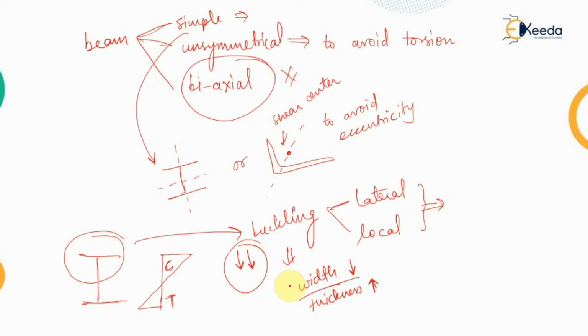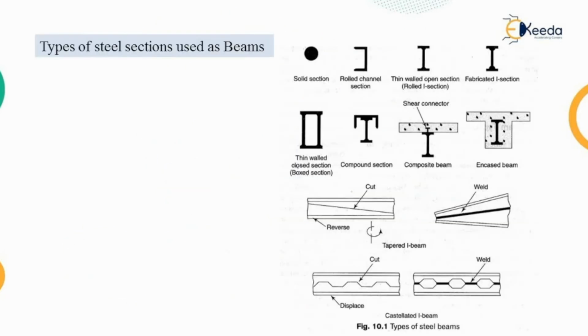Now, what are the different types of steel rolled sections which can be used as the beam? So, the types of steel sections which can be used as beams. Primarily we classify them as rolled steel sections. These are the steel sections which are readily available in the market depending upon our specification.